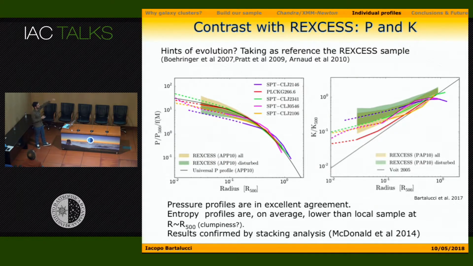So we don't think that this flattening here is related to an actual evolution. So our suggestion is that there seems to be a very good agreement, so there's not a very clear sign of evolution for pressure and entropy.